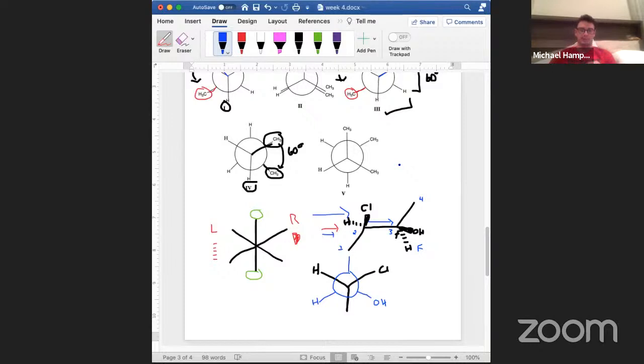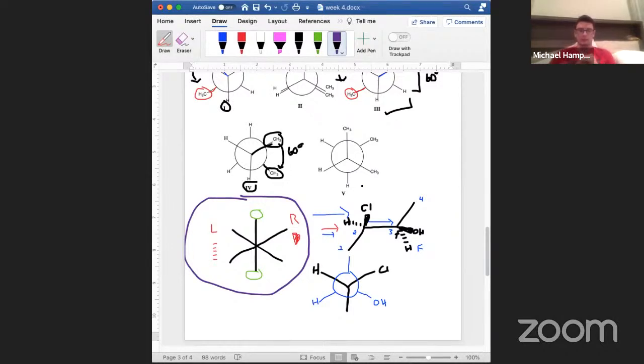Let me say that again. This rule of thumb here, purple, is going from a bond line to a Newman. So he's going to tell you the carbon bond that he wants you to look down.